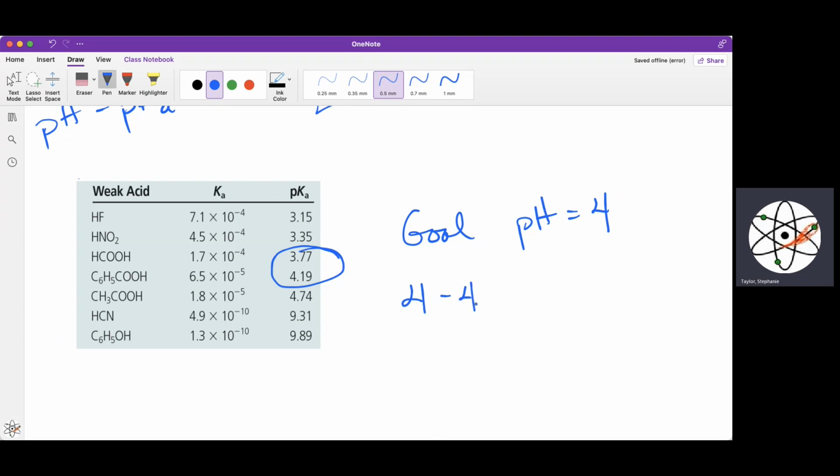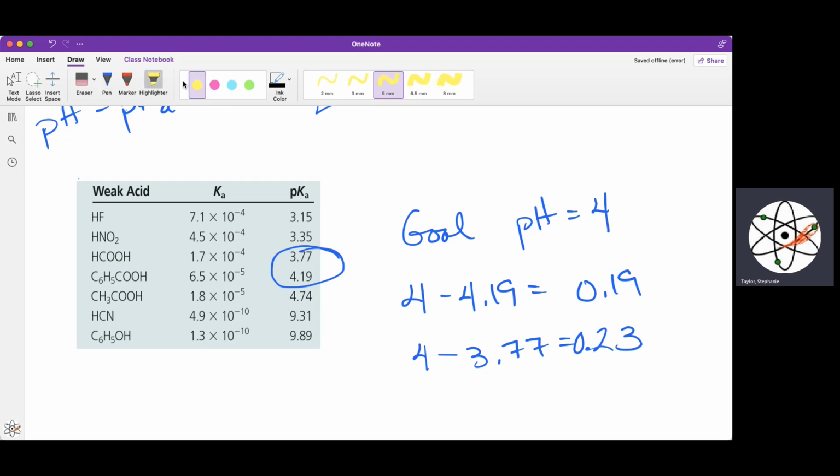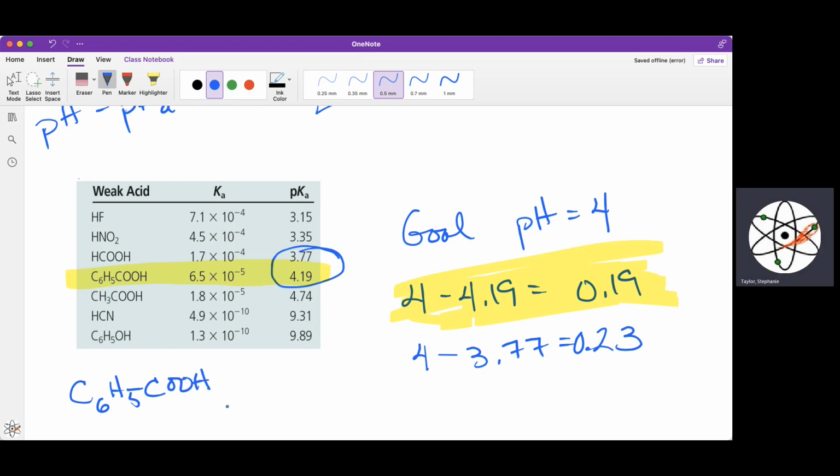Basically, 4 minus 4.19 is 0.19, and 4 minus 3.77 is 0.23. This difference is less, so I would use this as my buffer system, which means I would want C6H5COOH, which is an acid because of the COOH, and also its conjugate base, C6H5COO minus, for my buffer system.